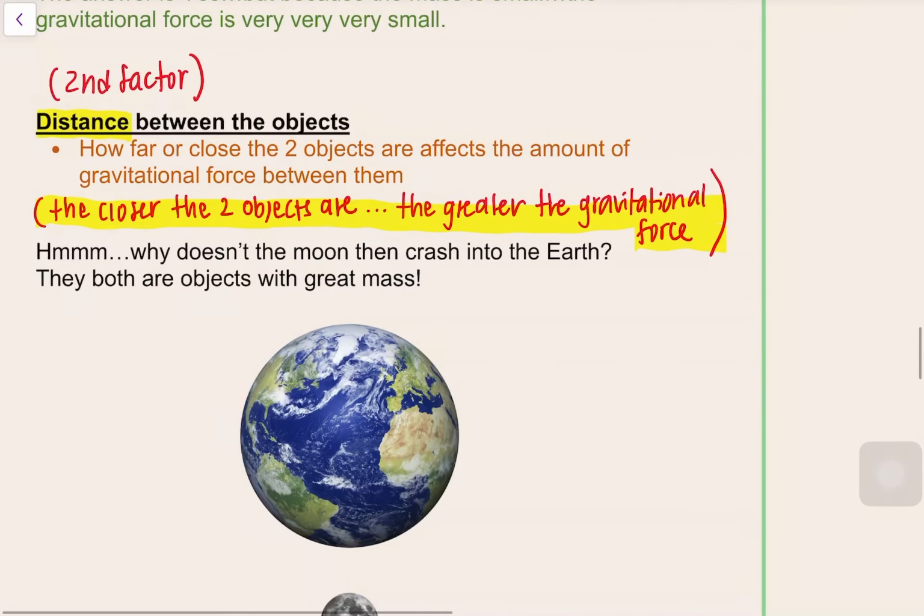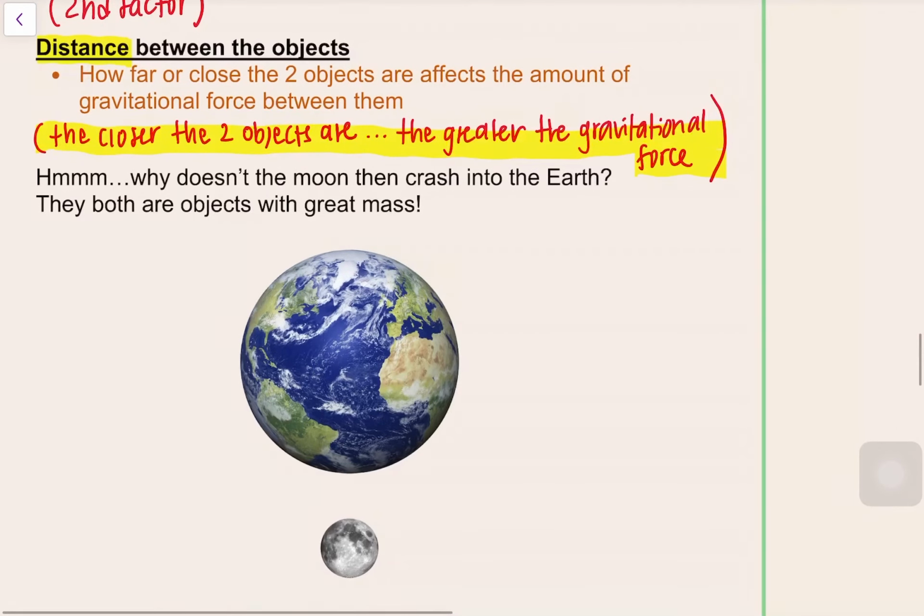Yes. So then you might be wondering, why doesn't the moon then crash into the earth? Like we mentioned just now, gravity is the force of attraction between two objects, right? So in that case, why doesn't the moon move towards the earth?